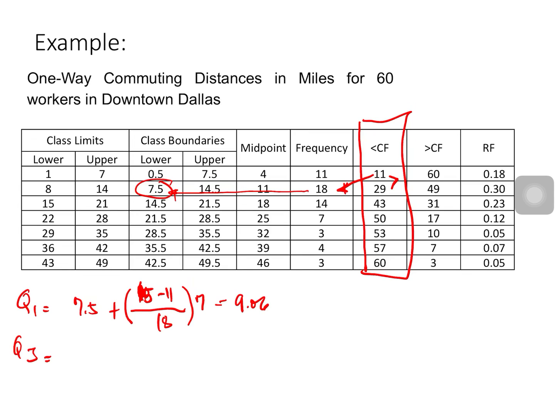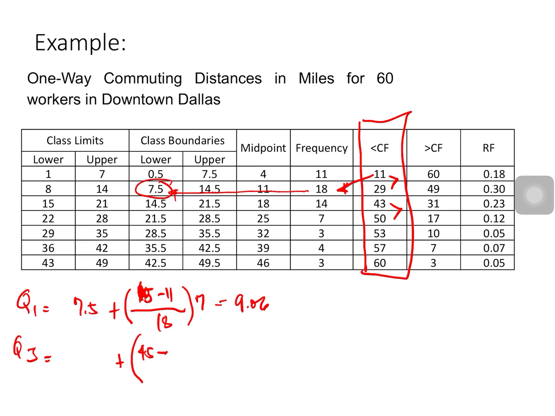Okay, let us say I want to compute for Q3. Since Q2 is also the same as the median, Q3 is 3n over 4, and that is 3 times 60 divided by 4, which is 45. So where is 45? It's between 43 and 50.